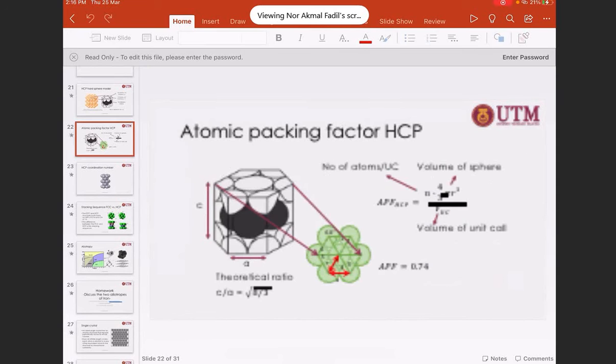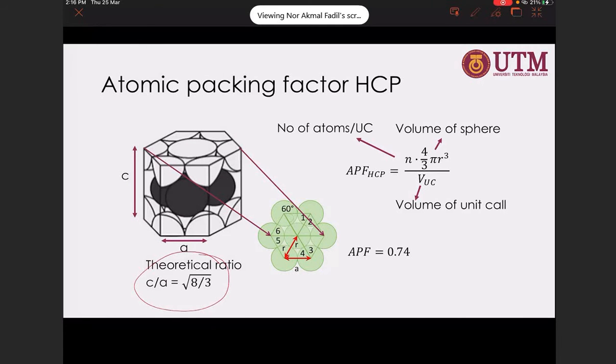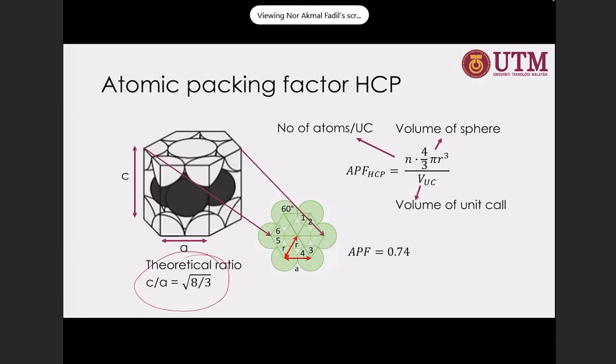Right. The concept is, remember we have this ratio, C over A. This C over A is equivalent to 8 over 3 square root.